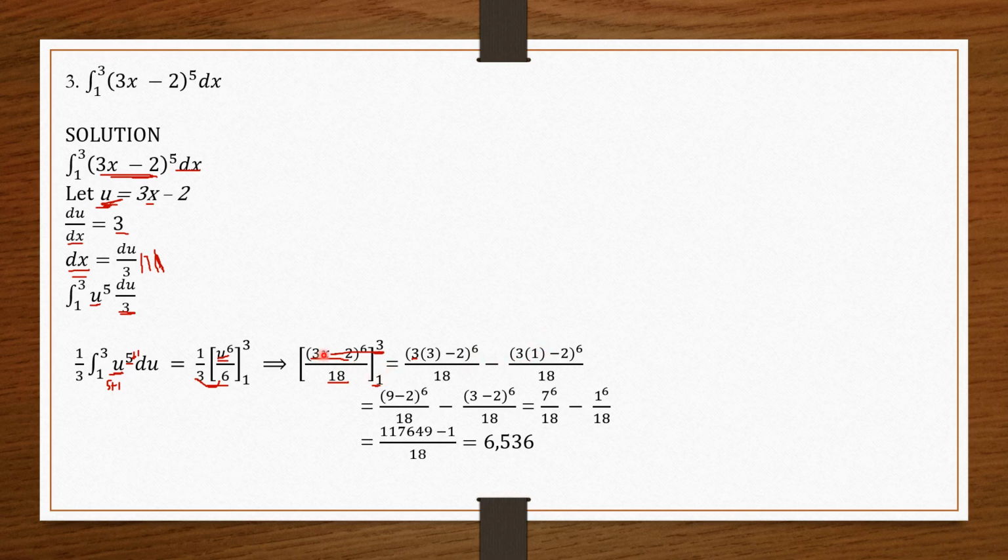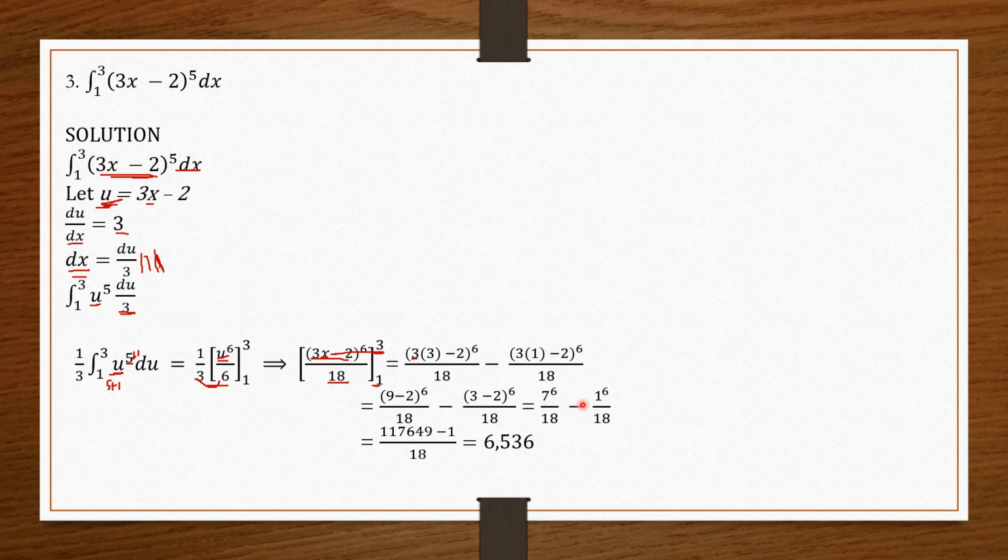So I'll have 3 times 1 minus 2 raised to power 6, all divided by 18. So this will now be 3 times 3, which is 9, minus 2, all raised to power 6 over 18, minus 3 times 1, which is 3, minus 2, all raised to power 6 over 18.